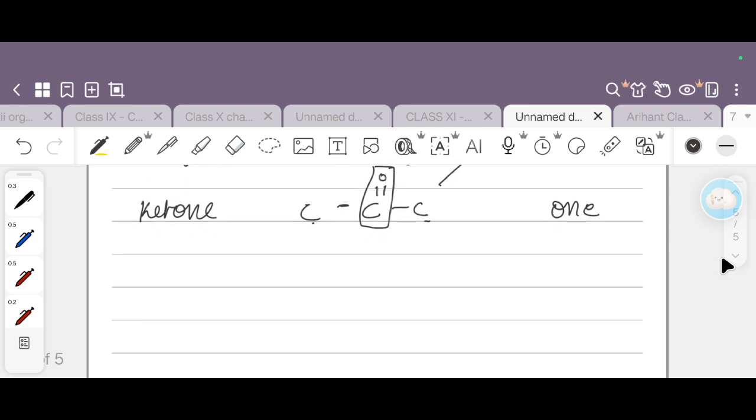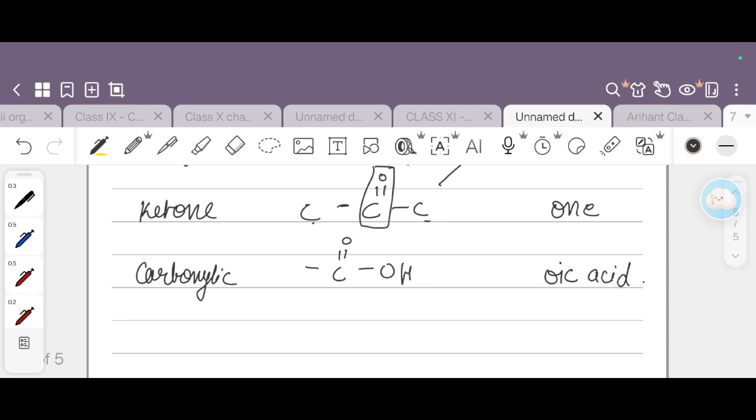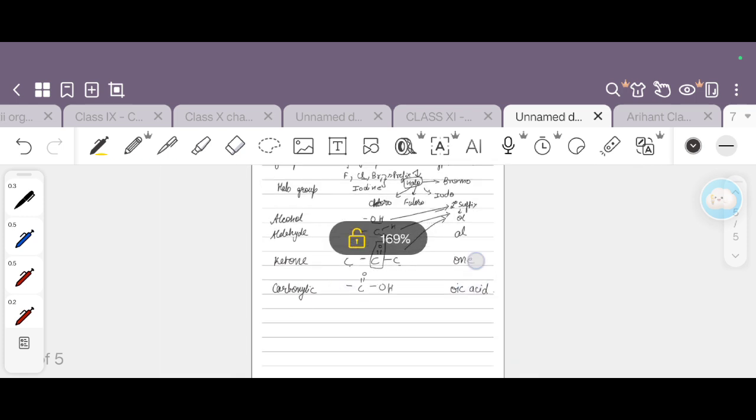The next is carboxylic. It is C double bond O and OH. We will use a suffix here like oic acid. So here is a brief about these groups.